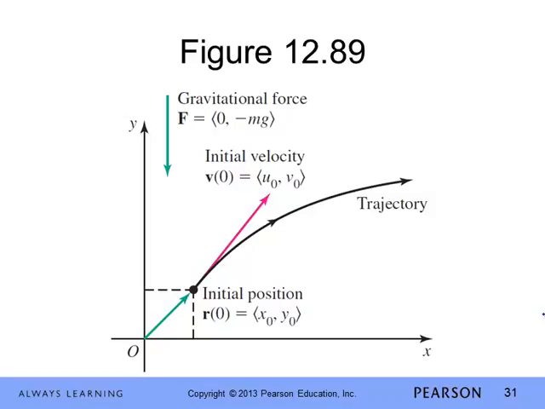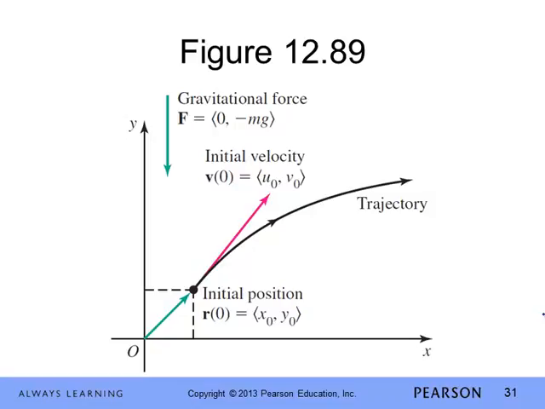This is what proves to us that the velocity of that object as it goes up and then down along its trajectory is given by u sub 0, which is the x component of the velocity, and then we have v sub 0 minus g t. So there's the velocity function.